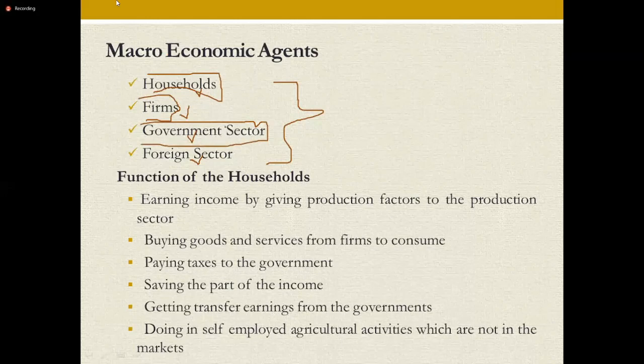But in macroeconomics, we identify these four types of agents in a more collective manner. So those are the macroeconomic agents. Each and every one of these agents has certain tasks, or else they perform certain tasks in the economy.